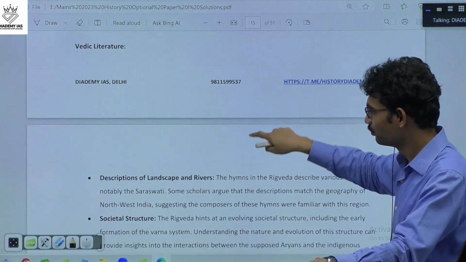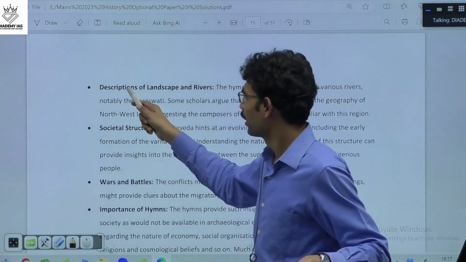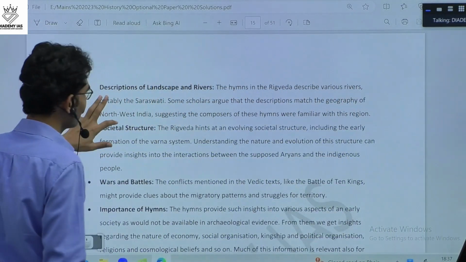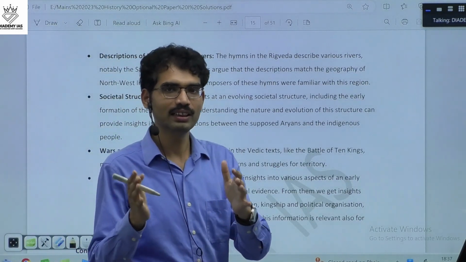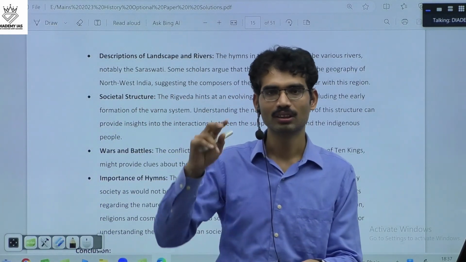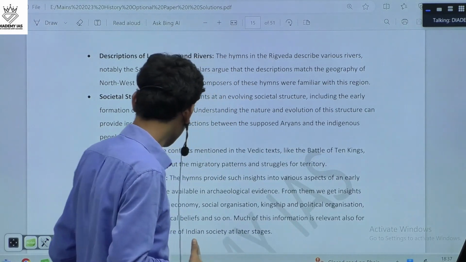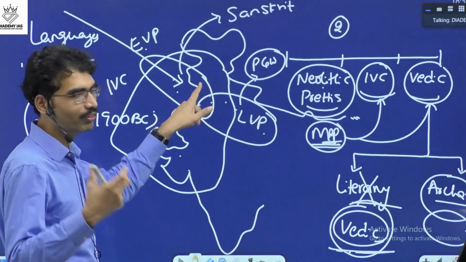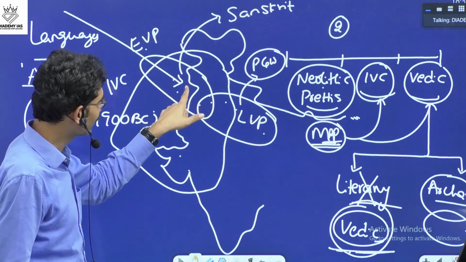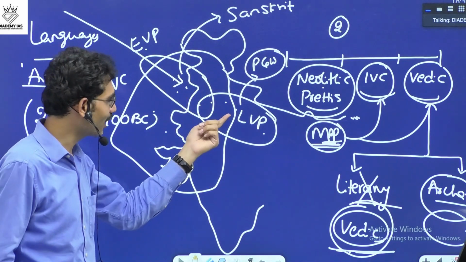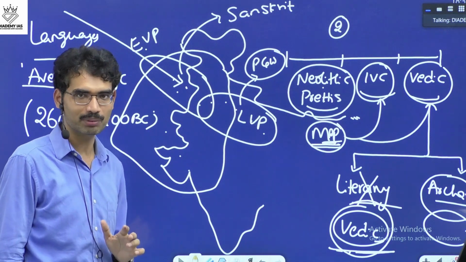Vedic literature now. You talk about the description of different landscapes and rivers, whatever we know, from where these early Vedic people were settling. How do we know that in this location early Vedic people were there?